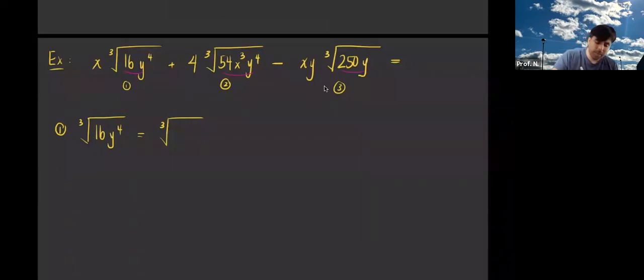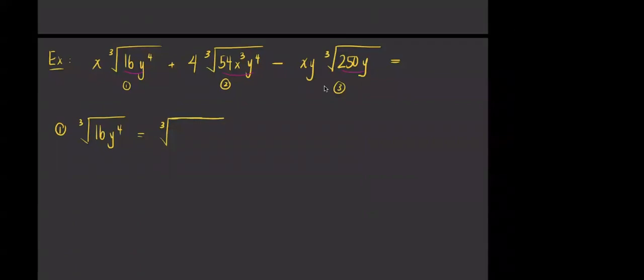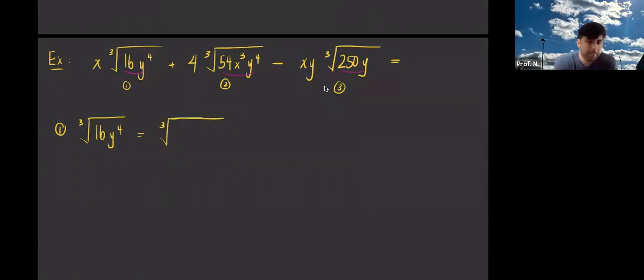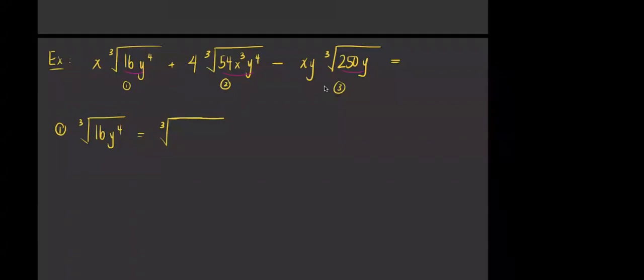Anybody know what's a perfect cube that divides 16? Is it 12? So does 12 divide 16? We want to know the factors of 16, and 12 is not one of them. And 12 is not a perfect cube either.